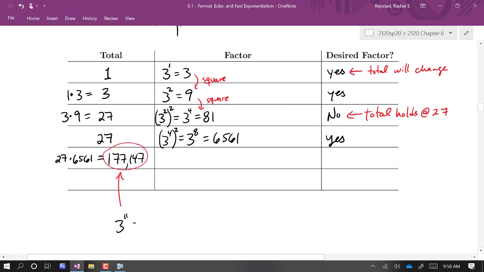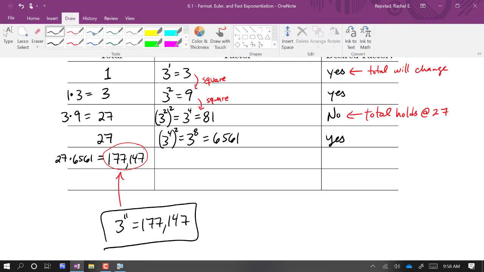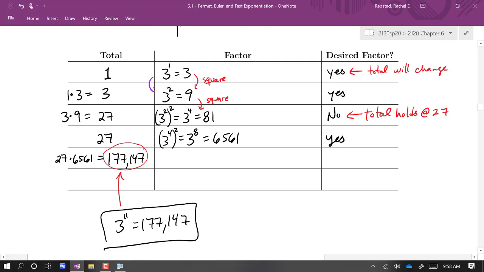So 3 to the 11th is equal to 177,147. So we'll note that the number of multiplications that was required, let's see, we needed 1, 2, 3, 4, 5, 6 multiplications instead of 10.